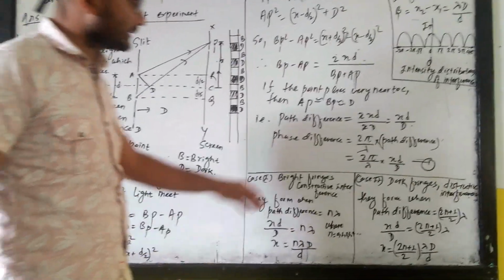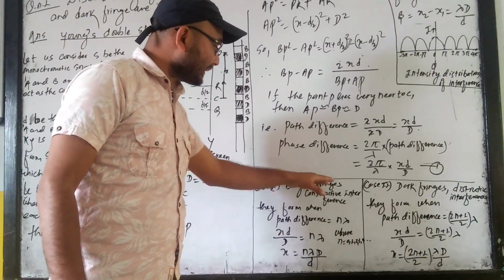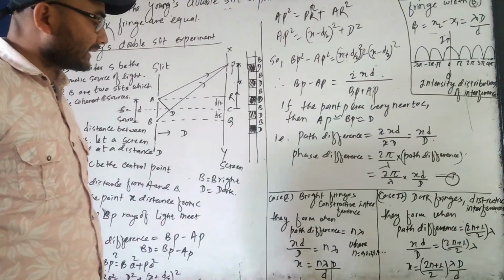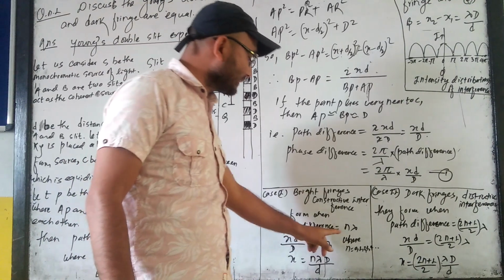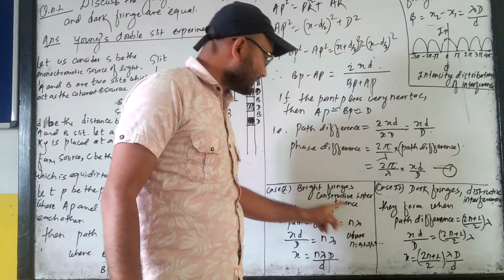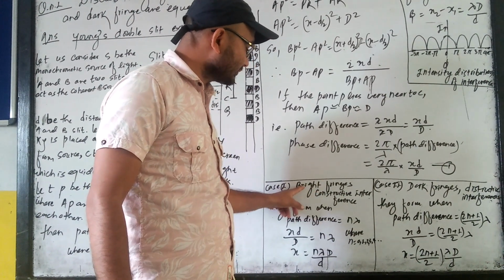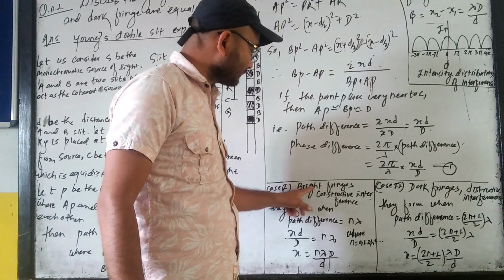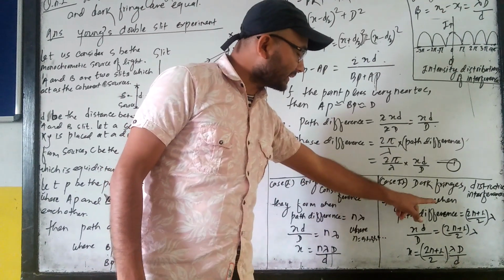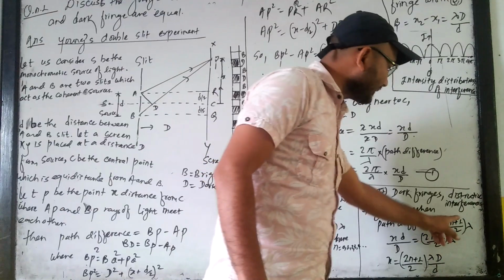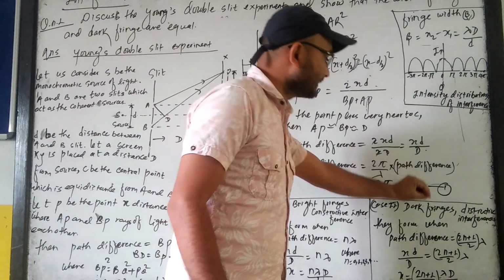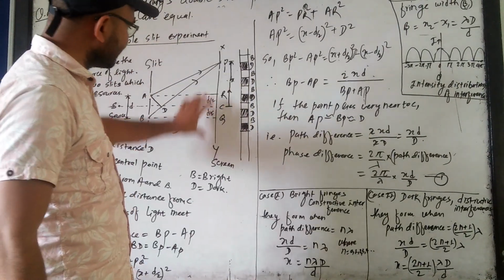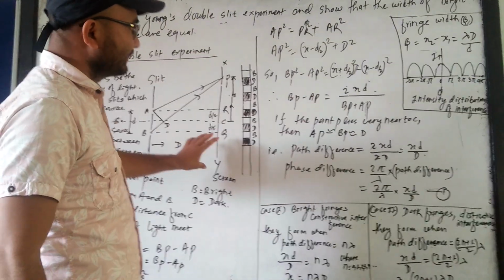Wherever you see a bright fringe, it is constructive interference. The most important thing to remember here is that path difference n lambda is for constructive interference, or to get a bright fringe, and path difference should be equal to (2n plus 1) by 2 into lambda for dark fringes to be seen on the screen.